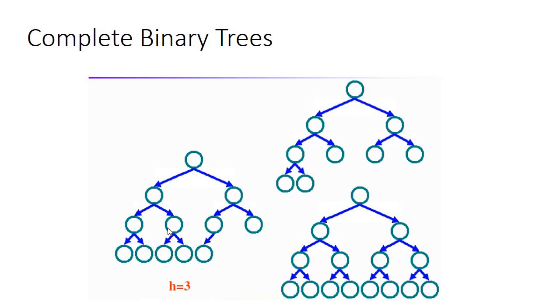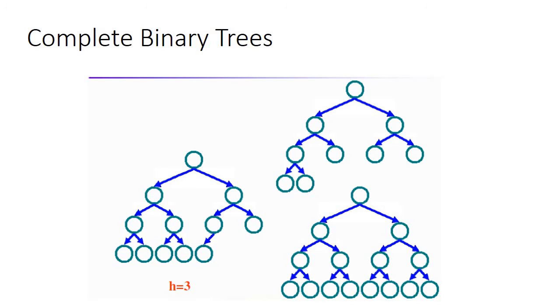If the height is 3, then in every step every level should complete first: level 1 completes first, then level 2 and level 3. Whenever we complete a level, the element should be on the left hand side first, then the right hand side element comes next.